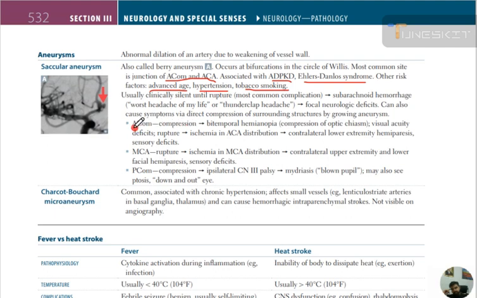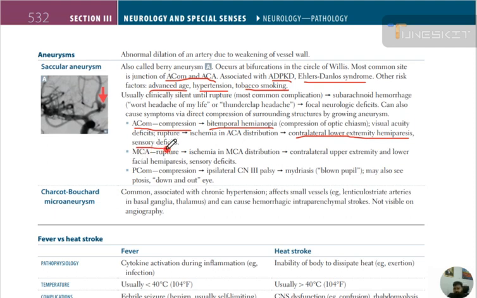If there is anterior communicating artery compression, we would have bitemporal hemianopia, compression of the optic chiasm, and visual acuity deficit. If there is rupture, we would have ischemia in the anterior cerebral artery distribution, resulting in contralateral lower extremity hemiparesis and sensory deficit.